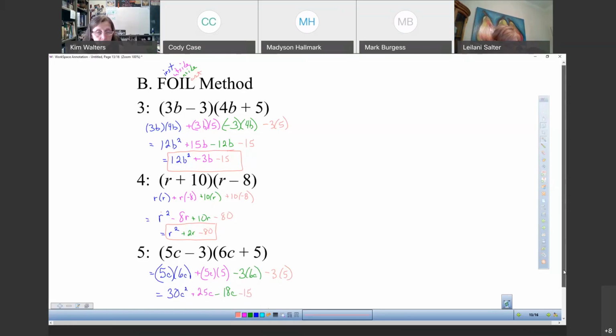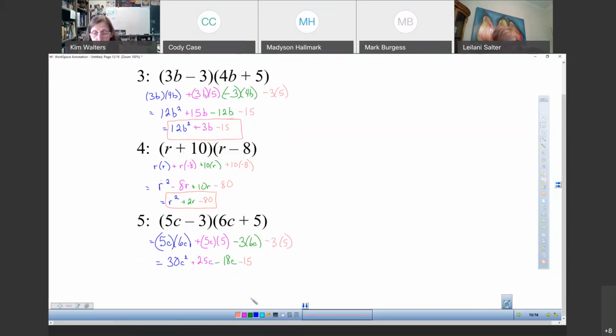As I collect these together, in descending order, this is going to be 30C squared. 25 minus 18 is plus 7C, and I can't do anything with the minus 15, so I just have minus 15. This is my final answer. Questions?